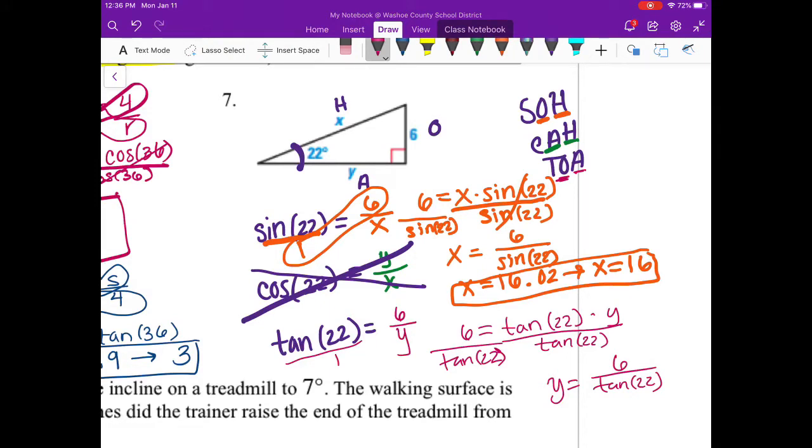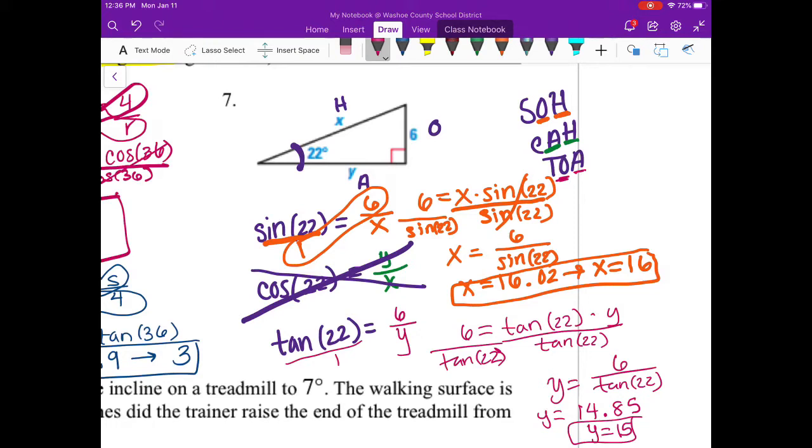Okay, so that comes out to be like 14.85. So y equals that, or you can round up and get 15. Okay, and that would be your answer.